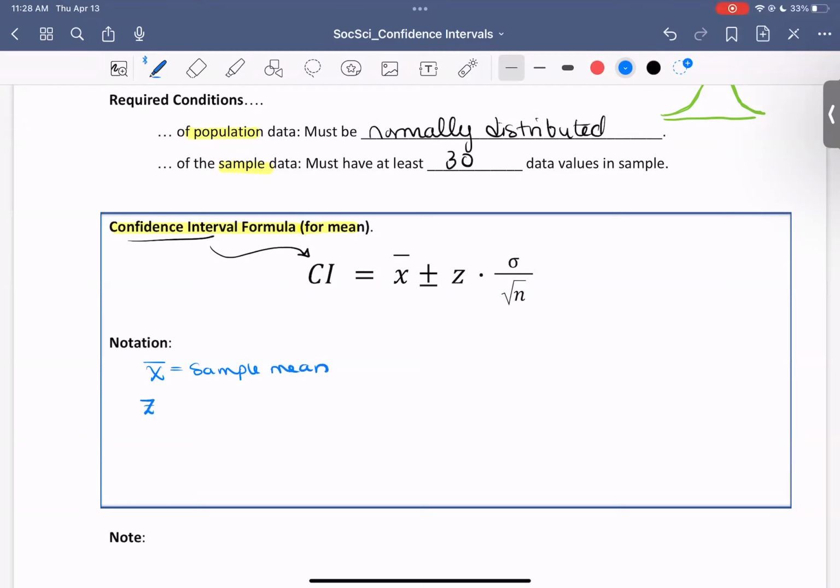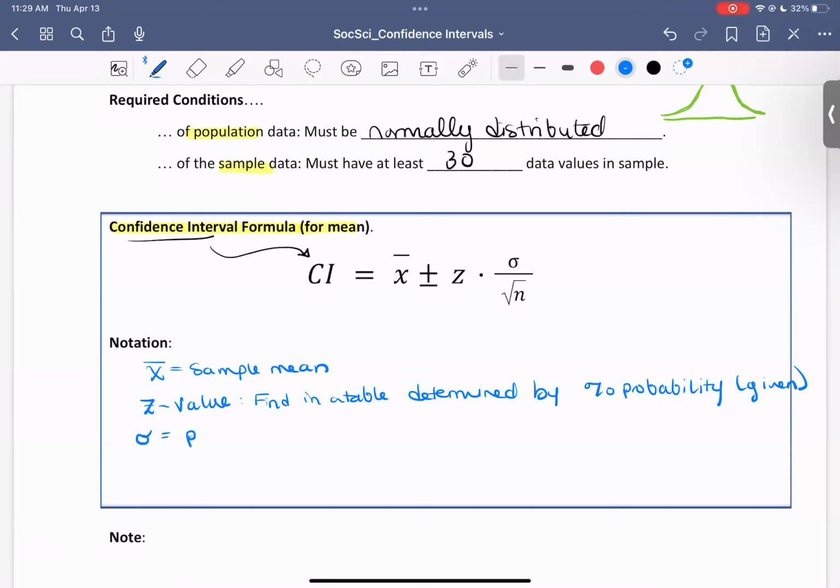That Z is our Z value. And that Z value we find in a table. And the Z value itself is determined by a percentage of probability. This is usually going to be given to you, this percentage.